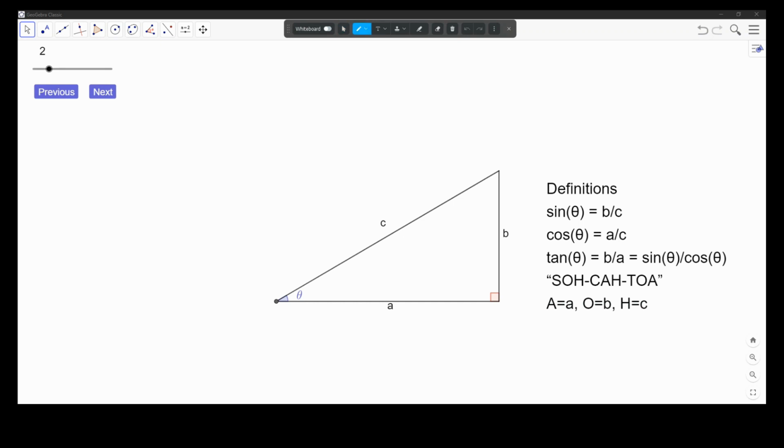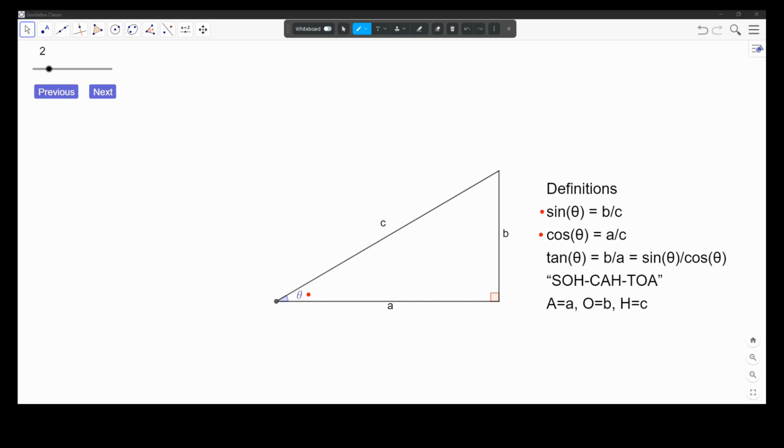Okay, now we're going to discuss the applications of the Pythagorean theorem, but we won't derive it. Along with defining some of the terms there, we're going to also define some functions, and these are going to basically be the main focus of what we're going to be talking about. Those functions are the sine and cosine functions. They take as their argument the angle theta, and they're defined as the ratios of the side lengths.